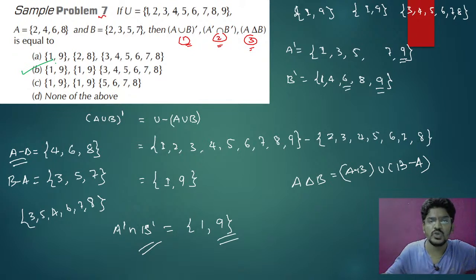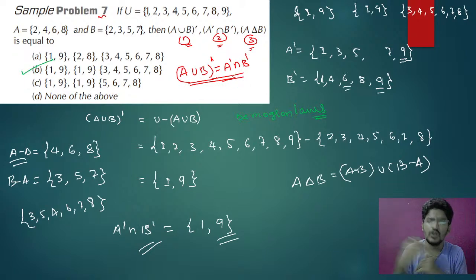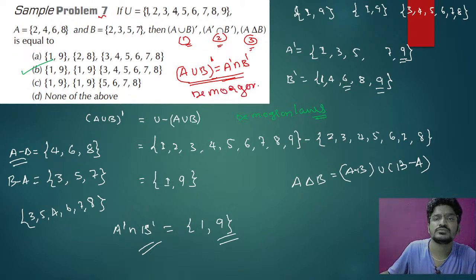So my dear students, if you know De Morgan's laws, it is very easy, because De Morgan's law tells that A union B whole complement is equal to A complement intersection B complement. Till now we have not gone through De Morgan's law, so that's why I have solved all this. But if you know De Morgan's law, directly you can take 1, 9.